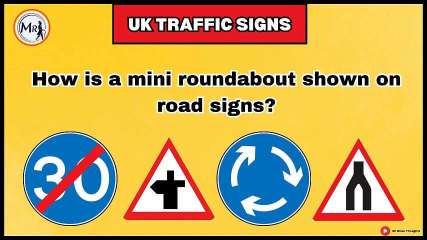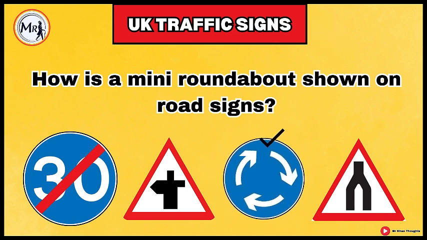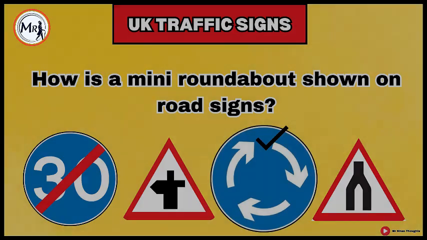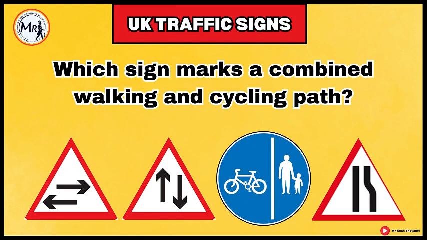How is a mini roundabout shown on road signs? Which sign marks a combined walking and cycling path?